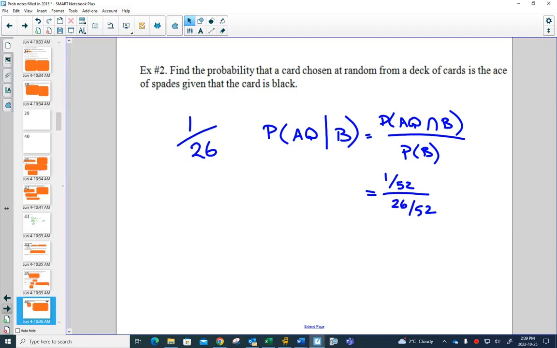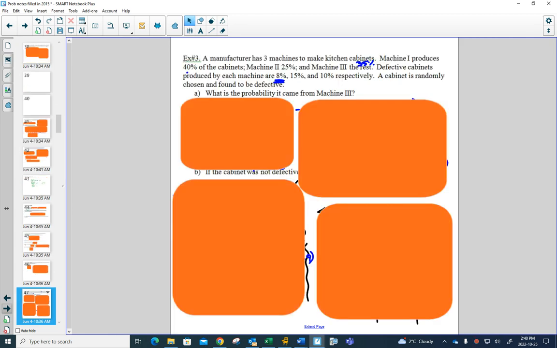And if you take that fraction, divide by the other fraction, multiply by the reciprocal, you get 1 out of 26 as well. So both of these first two examples were ones where if you drew the Venn diagram or thought about the situation, the condition reduces the total and it's easy to see.